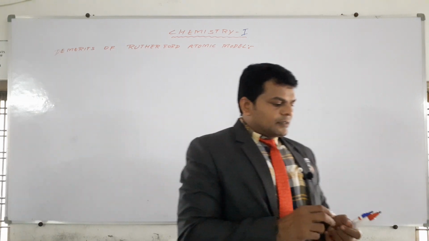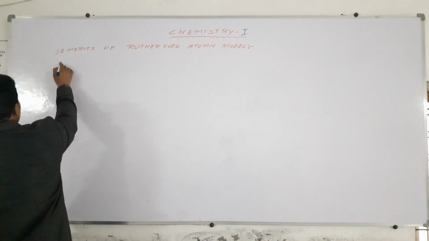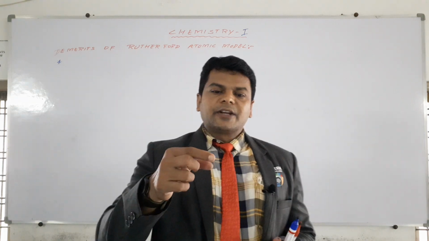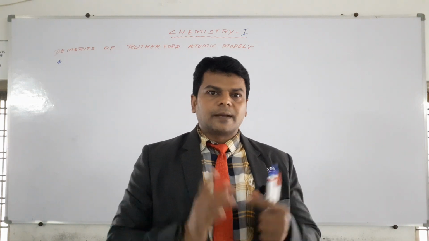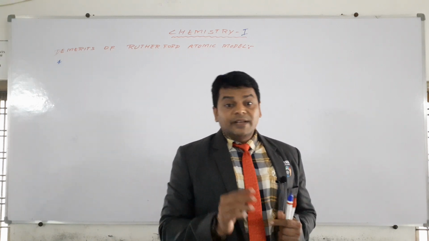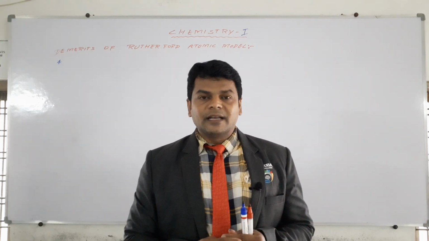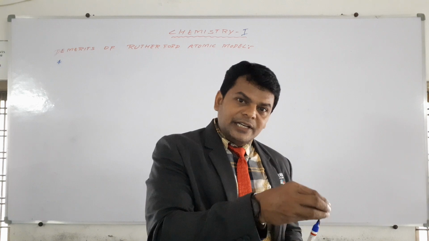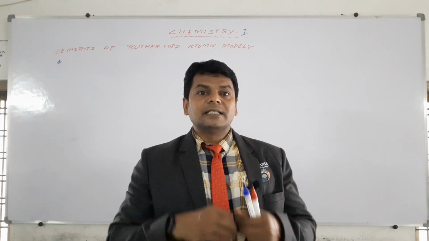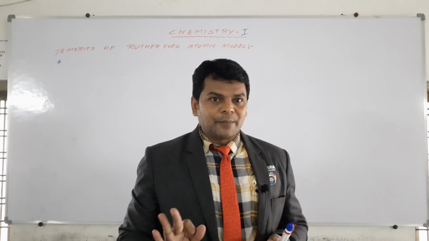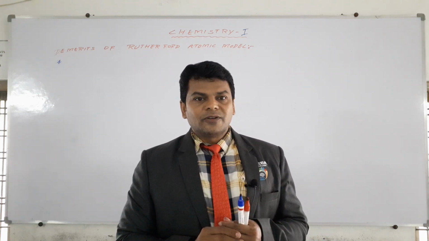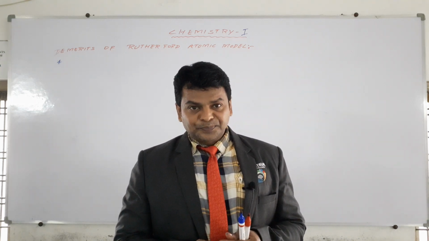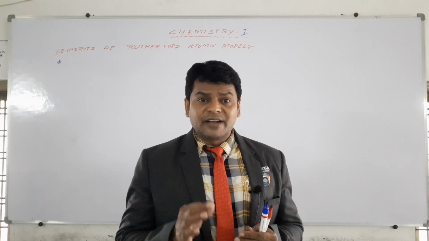What are the demerits? First one: according to Rutherford, electrons revolve around the nucleus in a circular path. When an electron revolves, it is an accelerated particle, so after some time it will fall into the nucleus and the total atom would collapse, but it is not happening. Atom is very stable. If you ask Rutherford why the atom is stable, he could not explain the stability of the atom.